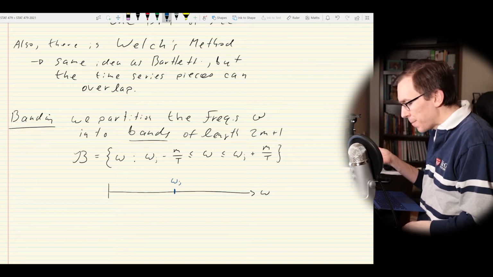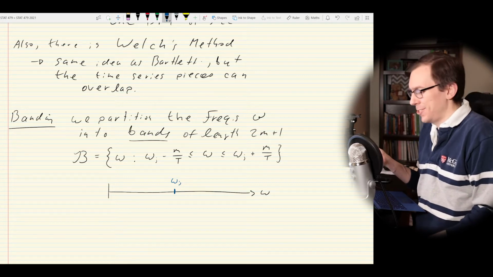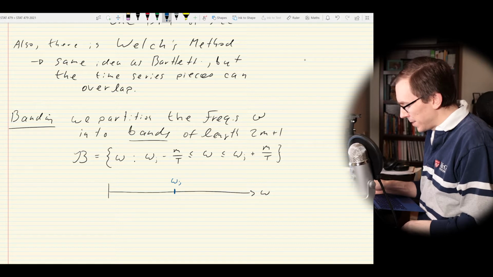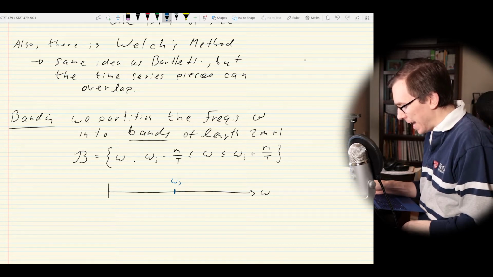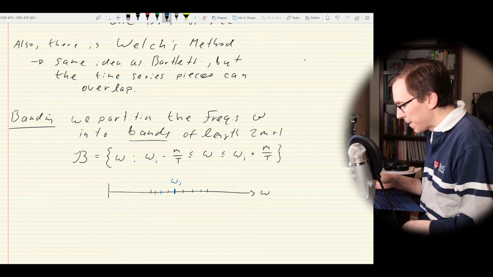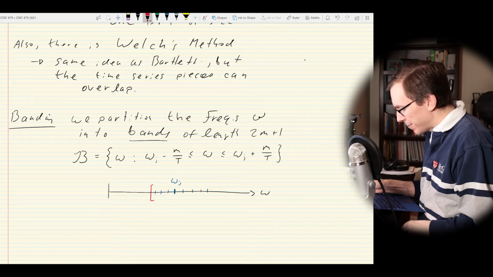So if I take whatever omega j is, right, it's j divided by T or something, then what I'm going to do is go out to the left or to the right, say m units, 1, 2, 3, 4. Let's say m is equal to 4, and the other way, 1, 2, 3, 4. And then I have my band of frequencies.